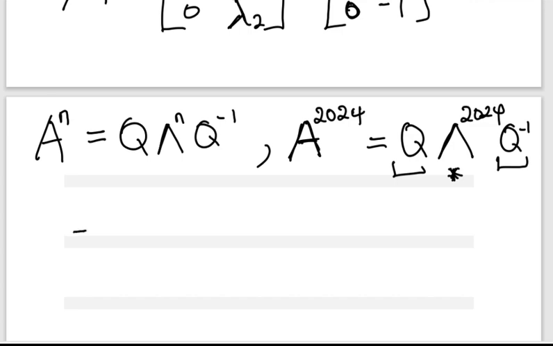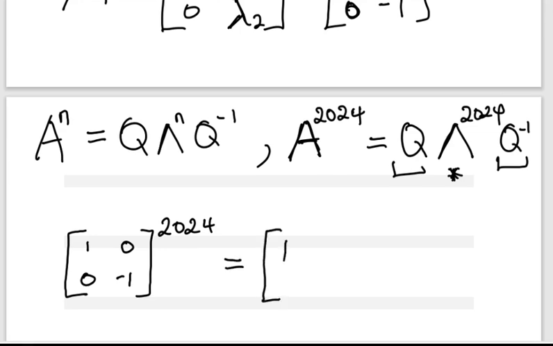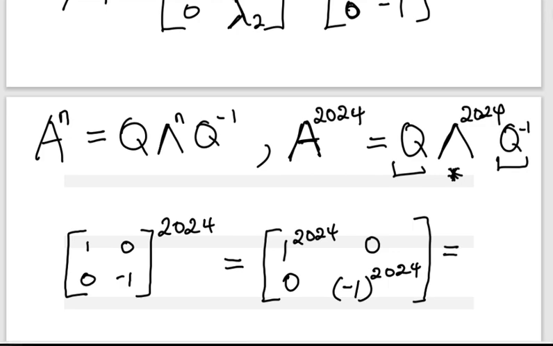This gives us 1, 0, 0, negative 1 to the power of 2024. There's a trick for this. It's 1 to the power of 2024, 0, 0, and negative 1 to the power of 2024, which gives us 1, 0, 0, 1.